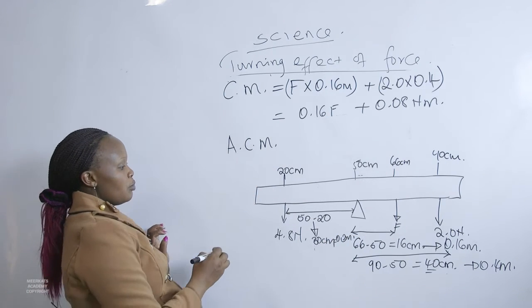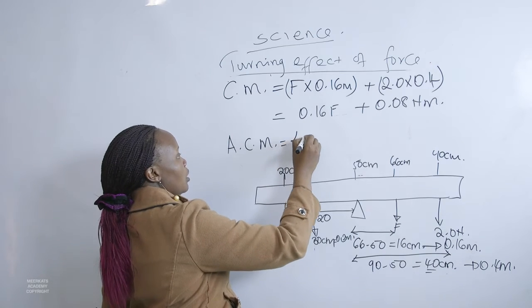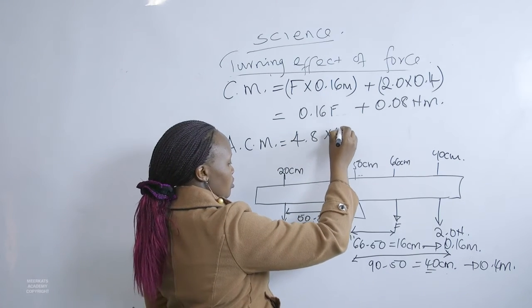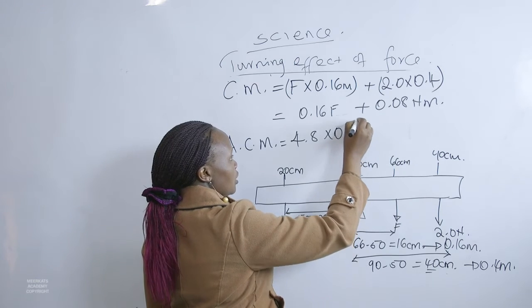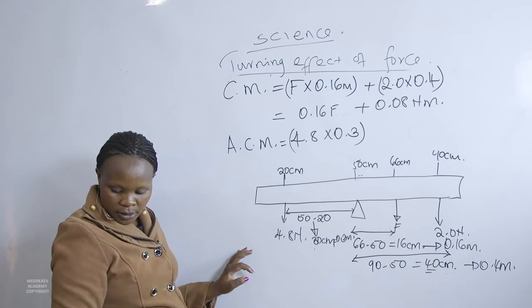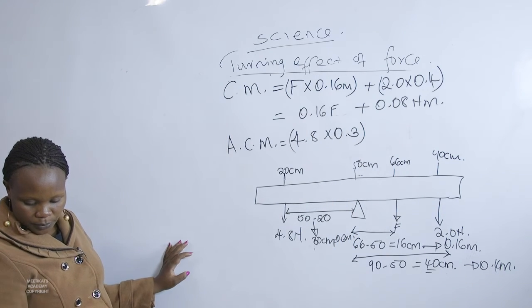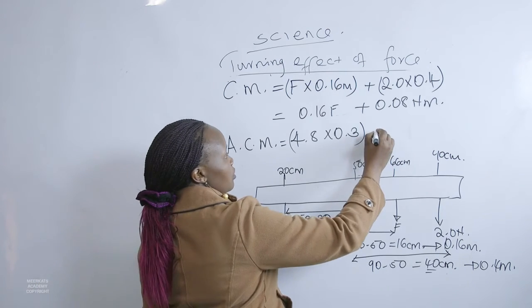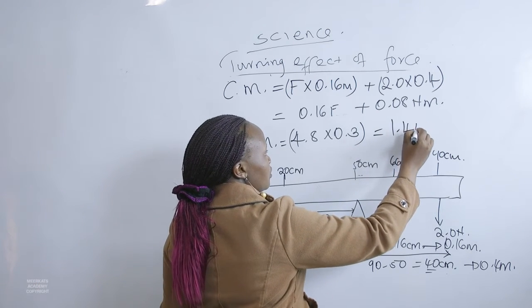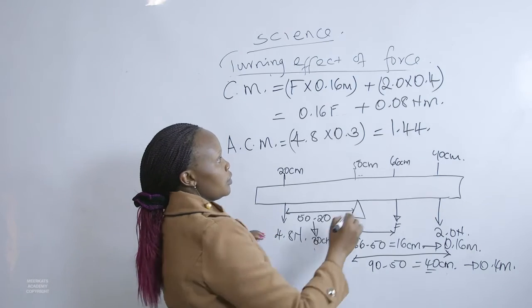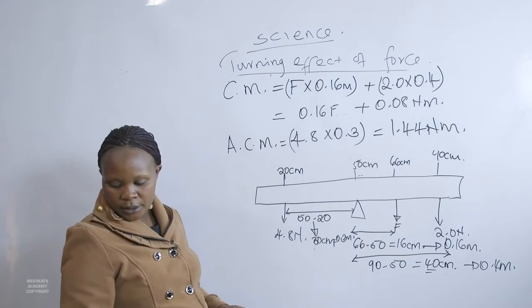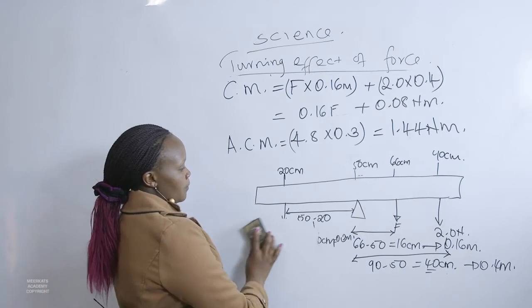So, anti-clockwise moment will be given by the product of 4.8 and 0.3 meters, giving us 1.44 Newton meters.